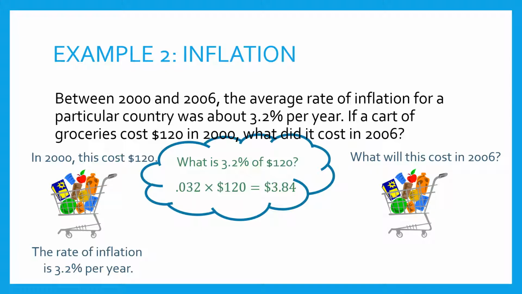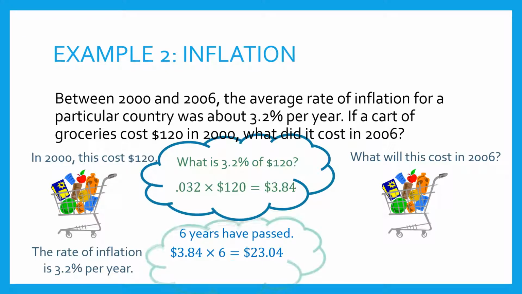So what will this cart of groceries cost in 2006? Well, 6 years have passed, so we need to take our $3.84 and multiply that by 6 to tell us how much it increased by over the 6-year period. So $3.84 times 6 is $23.04.